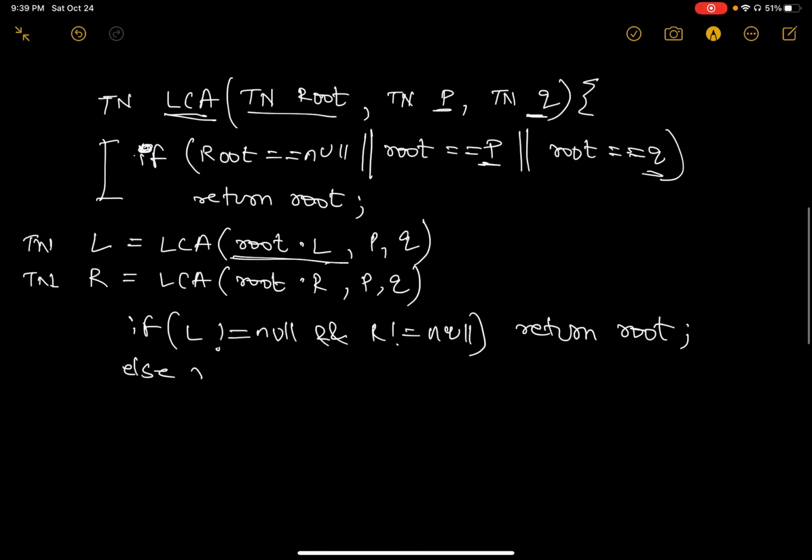Otherwise, we will check if left is equal to null. If left is null, then our solution is right, because right would return the value of P or Q. And if our left is not null, then maybe the right subtree is null. So we will just return whatever value is returned by the left subtree, and that would be our solution.